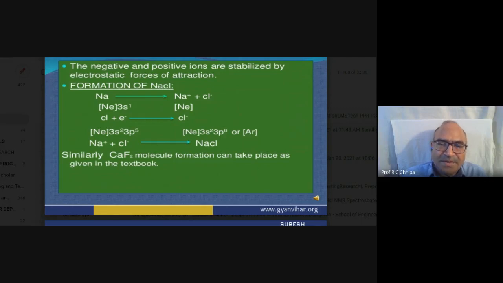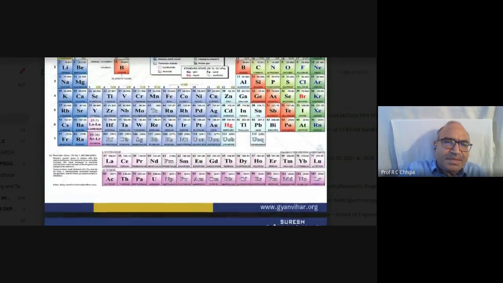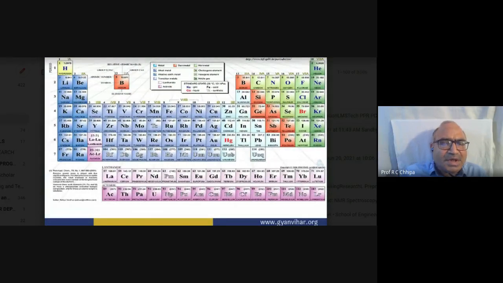For that purpose, we can see in the periodic table that sodium has atomic number 11, and its electronic configuration is 1s2, 2s2, 2p6, and 3s1. So in sodium, one electron is there in 3s1.